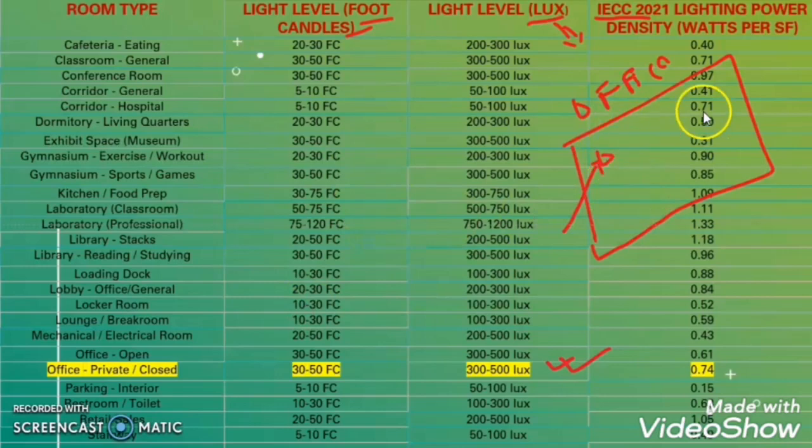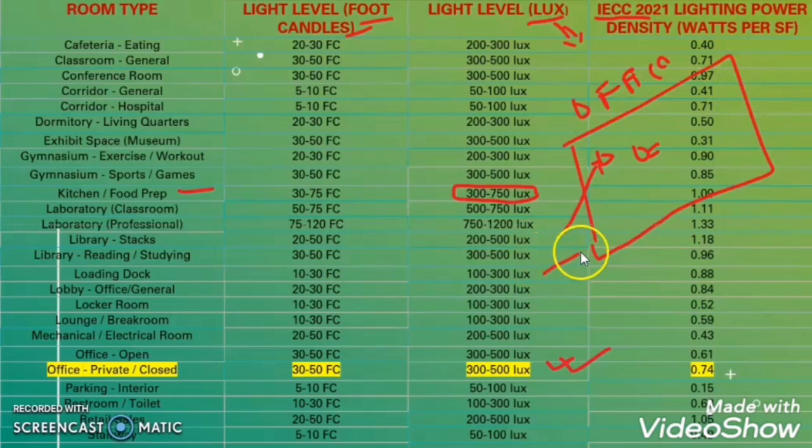Suppose this space is not an office but a kitchen, then the lux level required for a kitchen is 300 to 750 lux. So when we move with the lux meter to every corner of this kitchen, the lux level measured should be between 300 to 750 lux. If this space is a corridor, then the lux level measured by the lux meter should be between 50 to 100 lux. So for different areas there is a different requirement for lux.